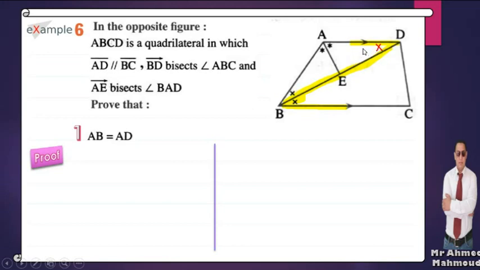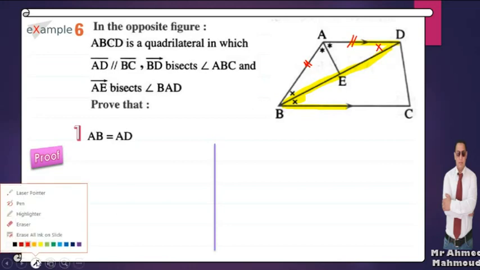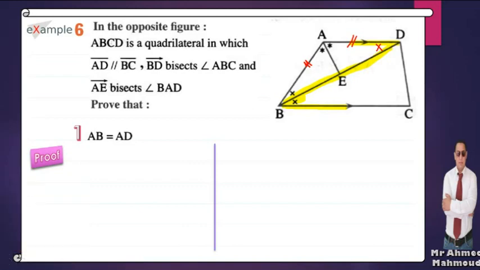Therefore, the triangle is an isosceles triangle, triangle ABD. And here we have an isosceles triangle in which this line bisects the vertex angle, then this line is the axis of symmetry. Now I will start to prove the first required, AB equals AD.